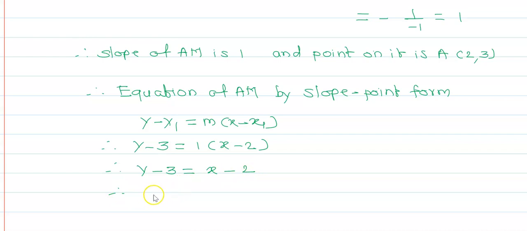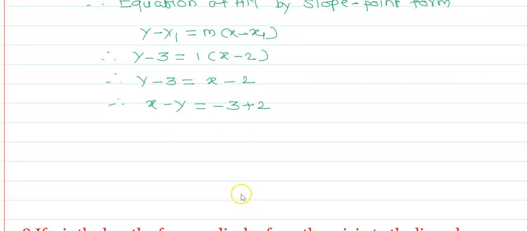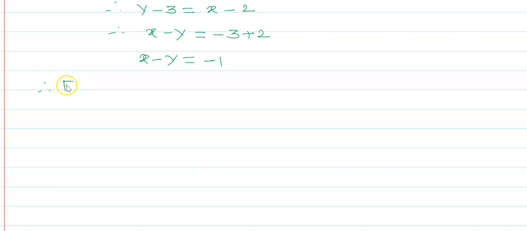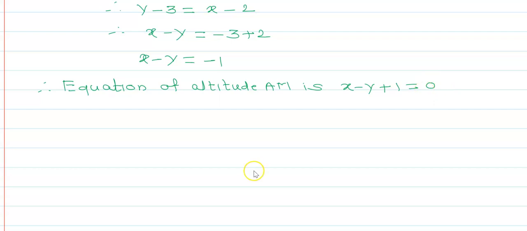Therefore x minus y is equal to minus 3 plus 2 after simplification, so x minus y is equal to minus 1. Therefore the equation of altitude AM is x minus y plus 1 is equal to 0.